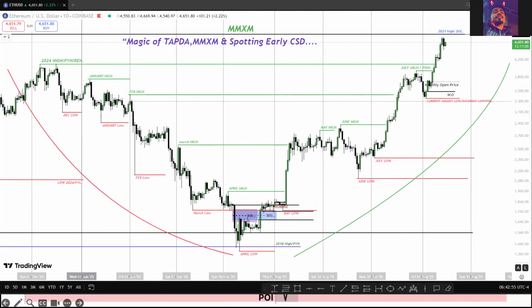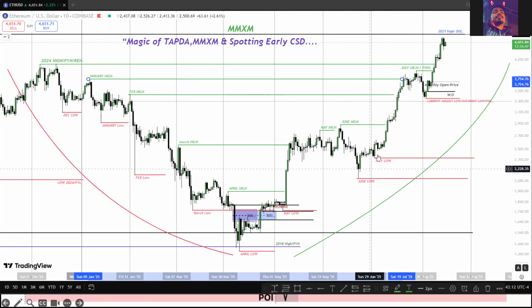As we see the program is continuing, we can see that the previous cycle highs were taken. March high taken here, February high taken here, January high as well taken here, leaving intact previous cycle lows.